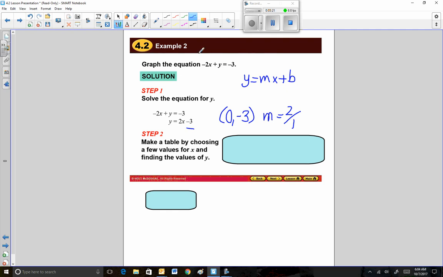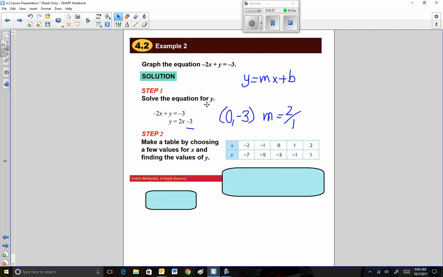Or our other choice, you could do it more like what you've done in the past, where you just make an XY table. For example, what happens if I put negative 2 in here? Negative 2 times 2 is negative 4 minus 3 gets me a negative 7 output. We could try a negative 1, place it in here, we get a negative 5 output, and so on. So this would be our table that we could create. And then we could plot these points and have our line.